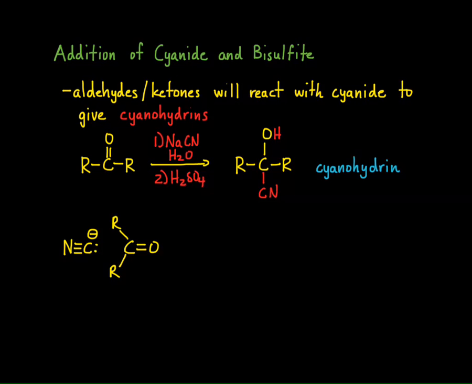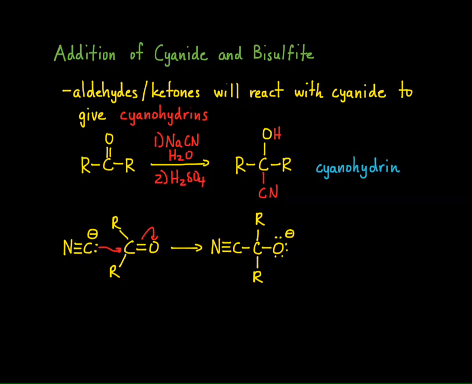The mechanism of this looks like this. Again, the carbonyl carbon is the electrophile. Cyanide is a nucleophile. It attacks that carbon, displacing a carbon-oxygen double bond, and you end up with the negative charge on the oxygen. So you've created a carbon-carbon bond through the nitrile, and you have an alkoxide.